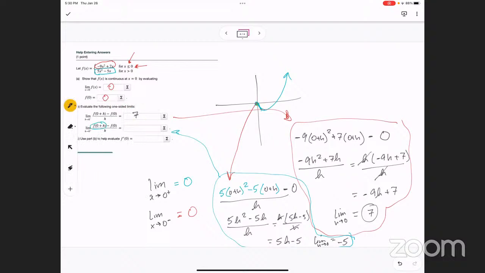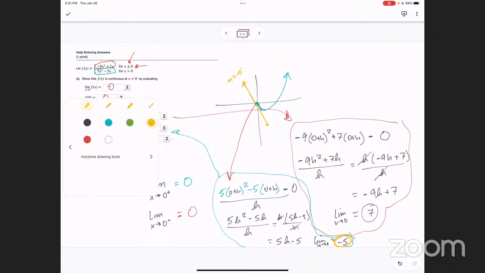Your tangent line would look like this. And the slope of that tangent line, guess what it is? It's negative 5. See how the slope's going down from left to right? The slope of that is negative 5.